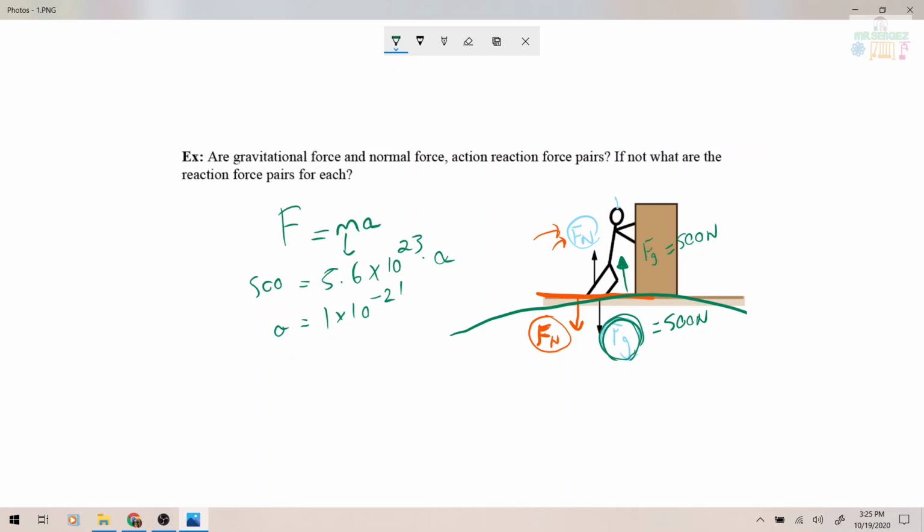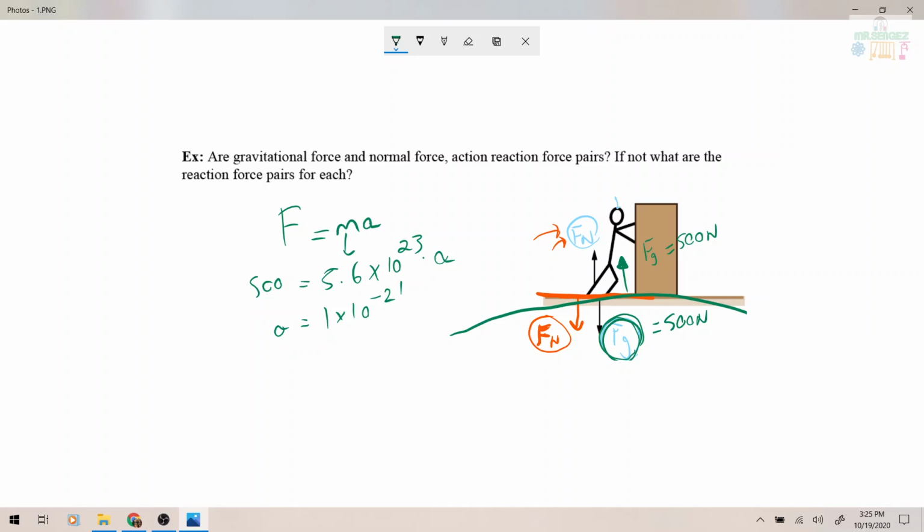So we are also pulling the Earth towards ourselves, but the Earth is too big for us to accelerate or move it. But for anything that you drop, the Earth creates enough acceleration on that object that we're able to recognize it.